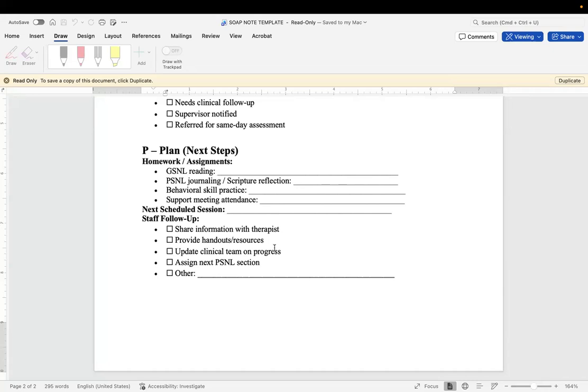And then maybe I need to assign my next PSNL. Even though you're not my teacher today, you're still going to mark that down so that my teacher knows, and you can share it with the team. So that is how you would do the SOAP note. Now, the SOAP note is only done for the AM shift, for first shift.